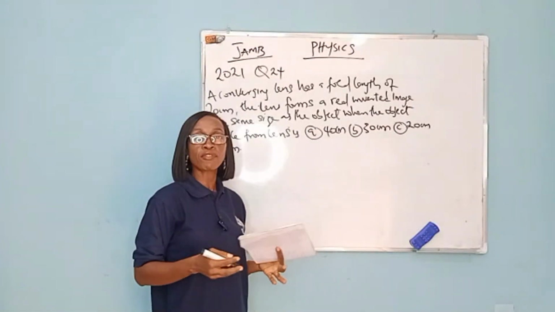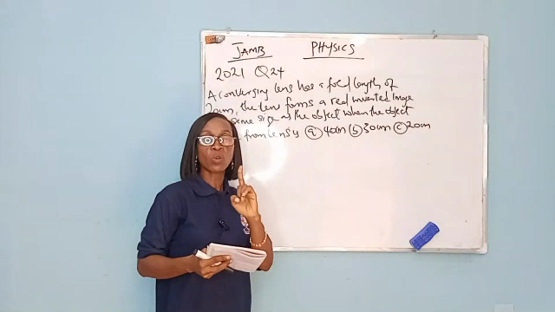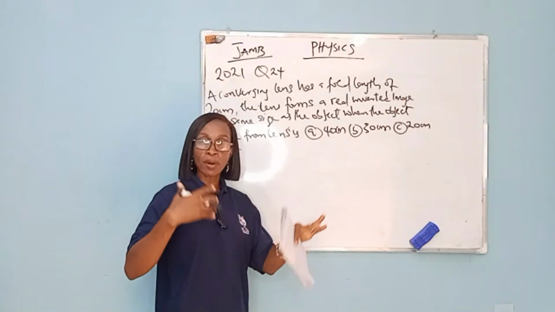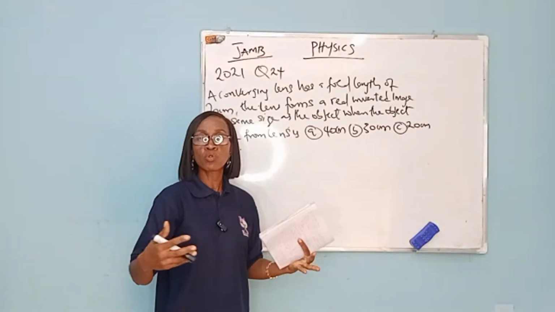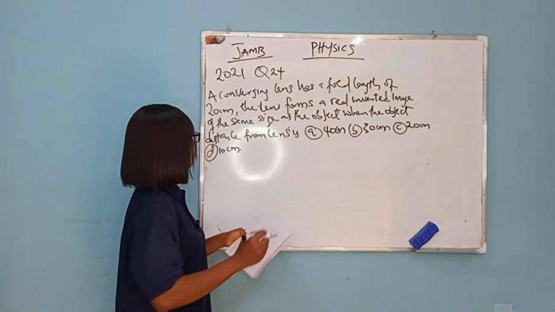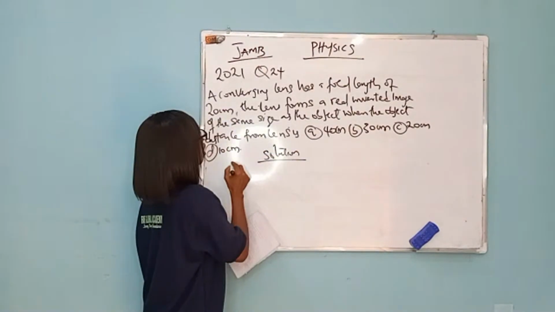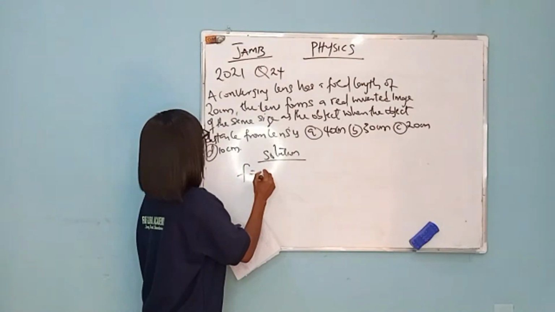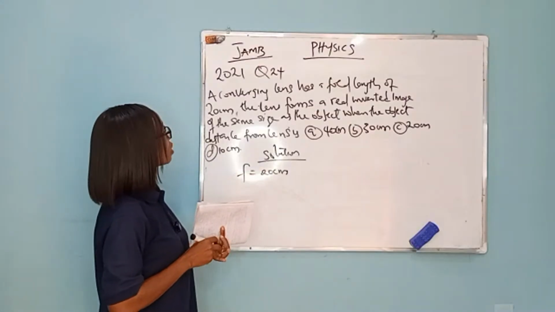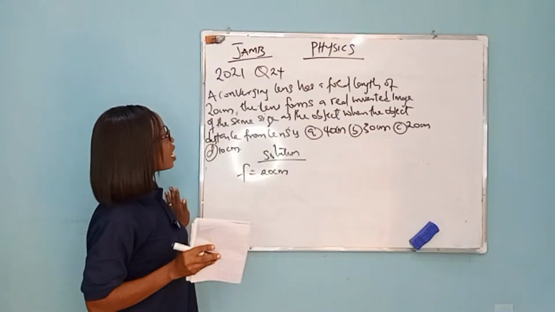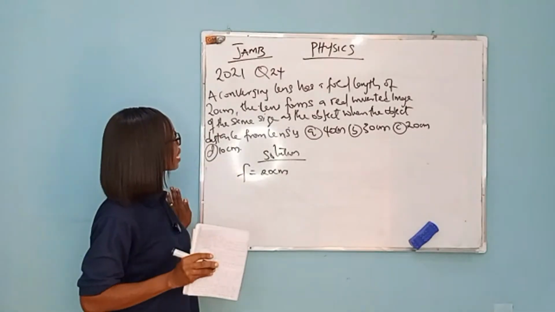First and foremost, in as much as you have just 1 minute to answer this particular question, you write out your parameters. What am I given? What am I looking for? Which formula do I use to solve? So, solution. F, which is the focal length, is given as 20 centimeters. Now, the lens forms a real inverted image of the same size as the object.